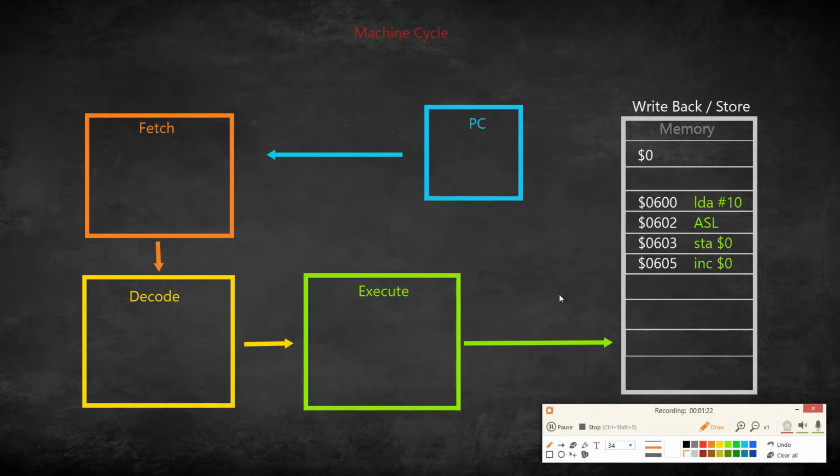The first thing we have starts at this memory location, so that's where it's going to start. Memory location 0600. So that's where the PC counter is pointing, right here.